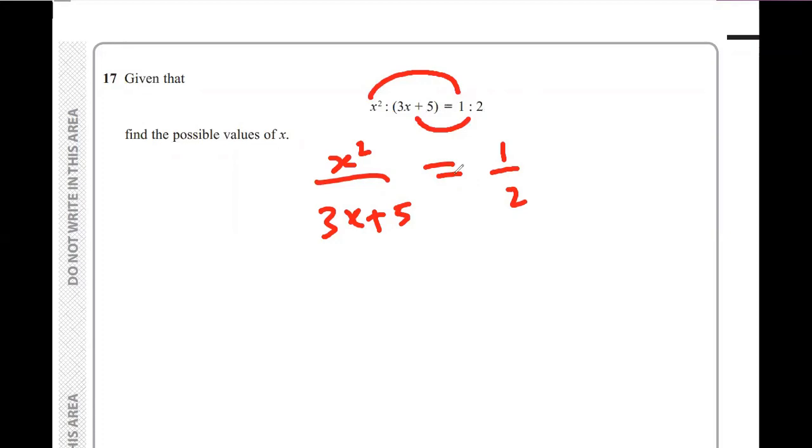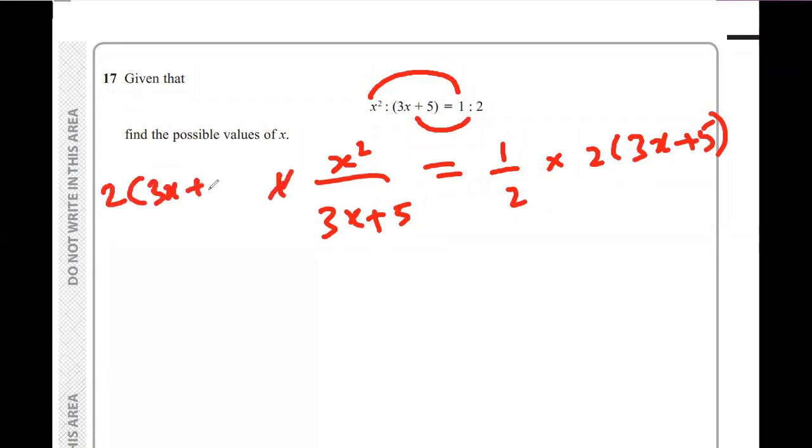And then, of course, we can multiply both sides by 2 times 3x plus 5, which is the LCM of the denominators. If we do this, what will we get?